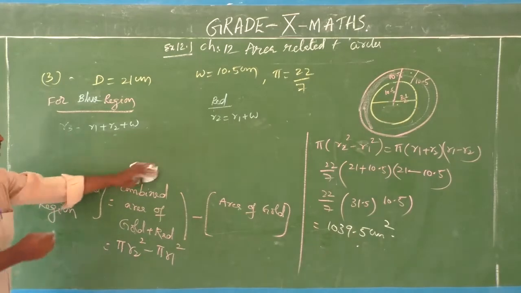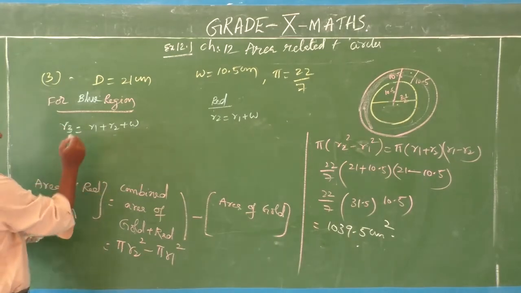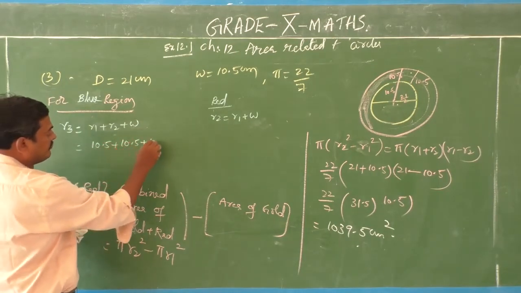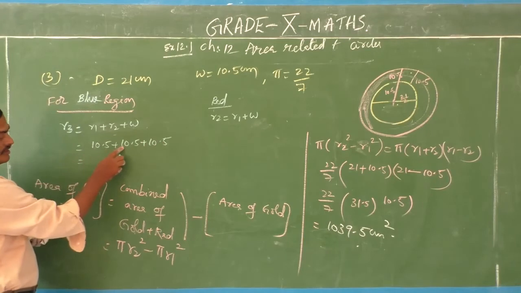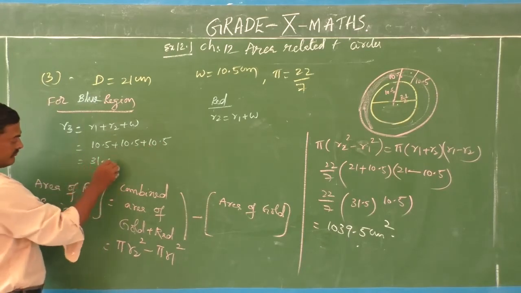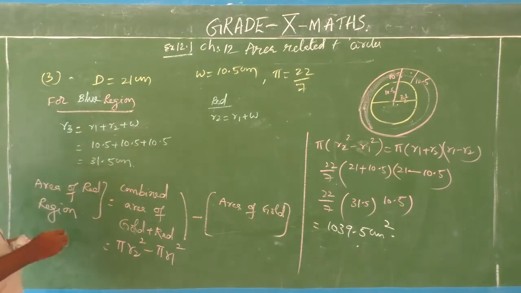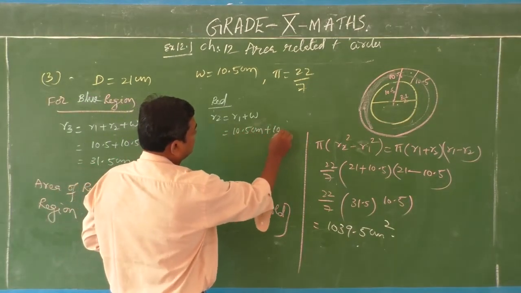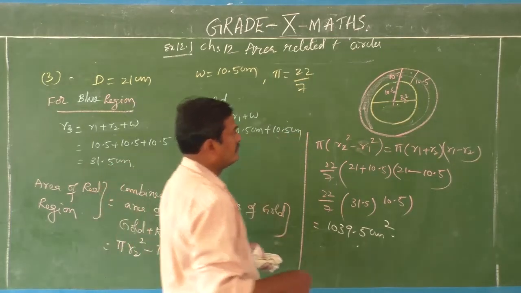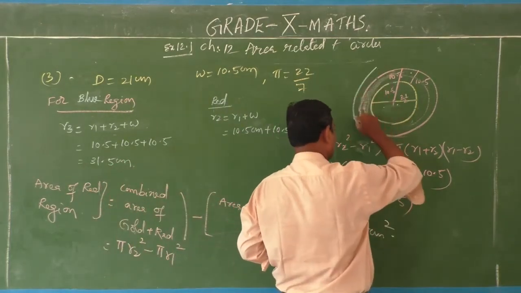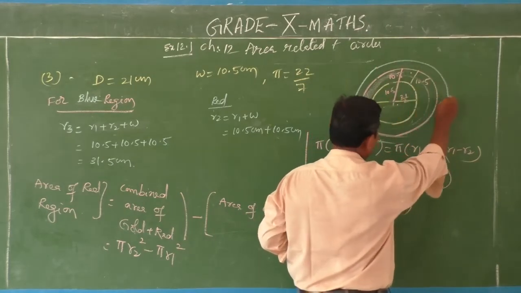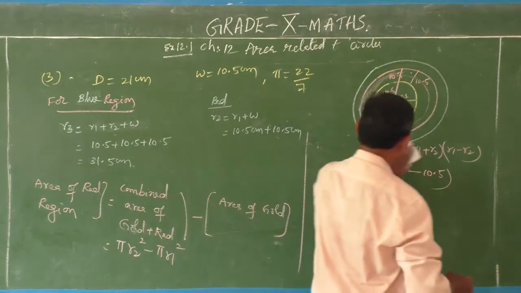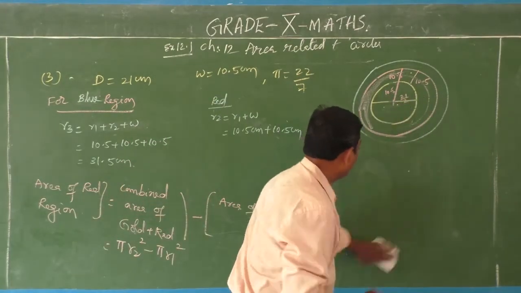Now R3 equals 10.5 plus 10.5 plus 10.5, that equals 10, 20, 30, 31.5 centimeter. So we need to find the third region, the blue region.